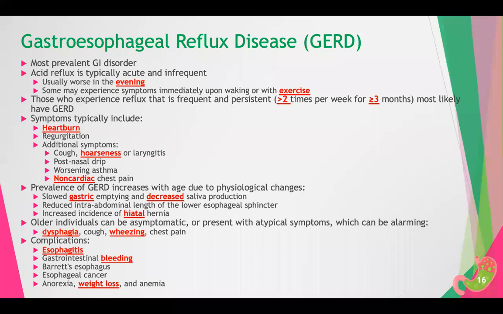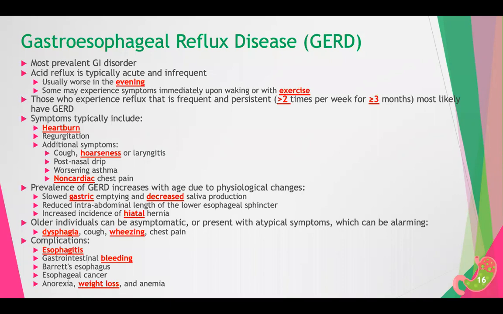And some individuals might experience symptoms immediately upon waking or with exercise. So they might experience some acid reflux with activity. Those who have reflux that's frequent and persistent, meaning greater than 2 times per week for 3 or more months, they most likely have GERD, and they definitely need to be treated.